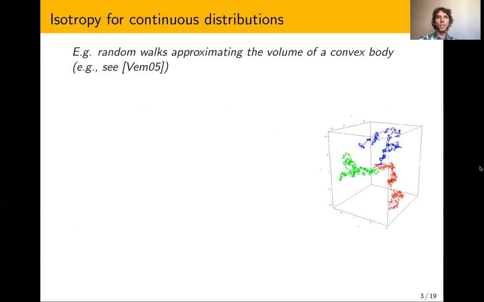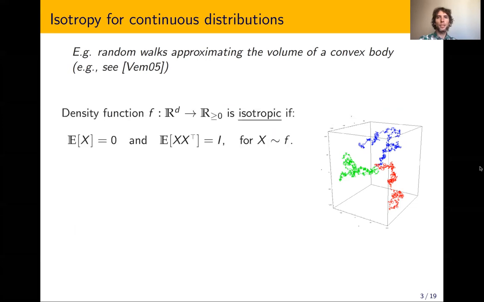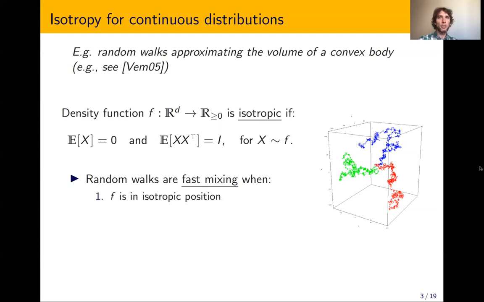Intuitively, this condition ensures that all directions are equally as important when exploring the high-dimensional space, which is expressed by the target random variable having identity covariance matrix. In the simplest terms, to ensure that a random walk over a continuous distribution can be fast mixing, the density f should be in isotropic position as well as be a log-concave function, which we can interpret as being sufficiently well-behaved.